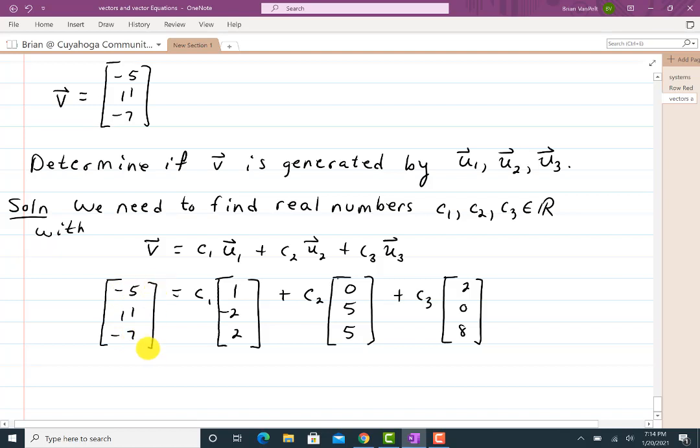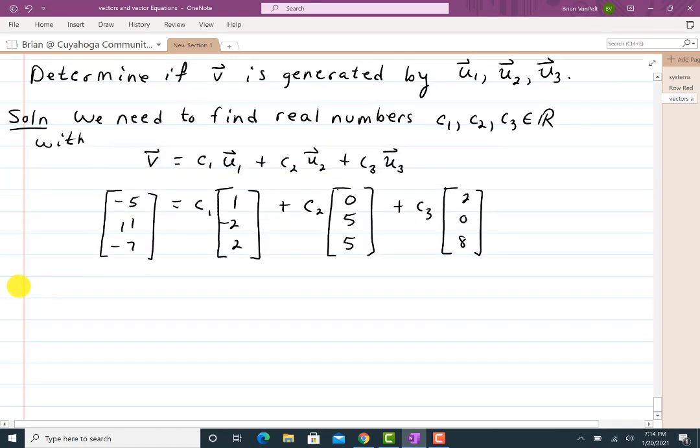Here you're going to see where everything starts to come together. Let me go ahead and multiply my constants through. Keep this side as it is. So over here, I'll have C1, negative 2C1, 2C1.